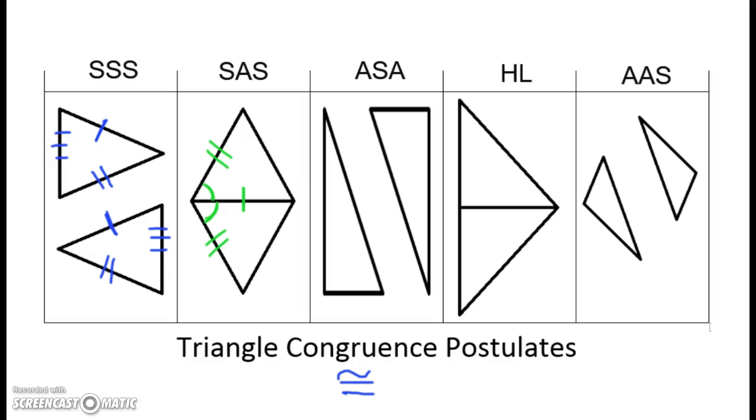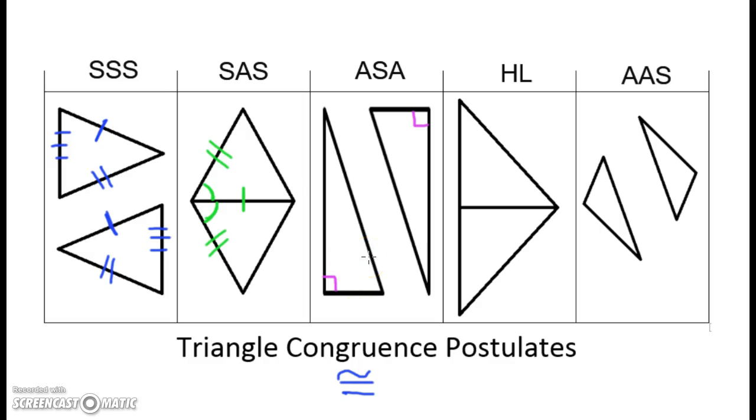All right, another postulate is angle, side, angle. And so this one says that two angles are congruent and the side that's in between those two angles. All right, so for instance, if I say that this is a right angle, because it kind of looks like a right angle, right? That's one angle that these two triangles have in common.